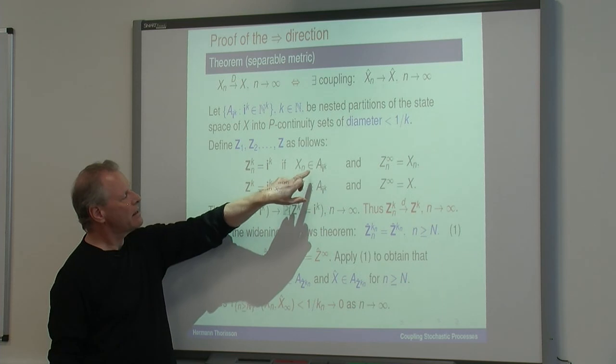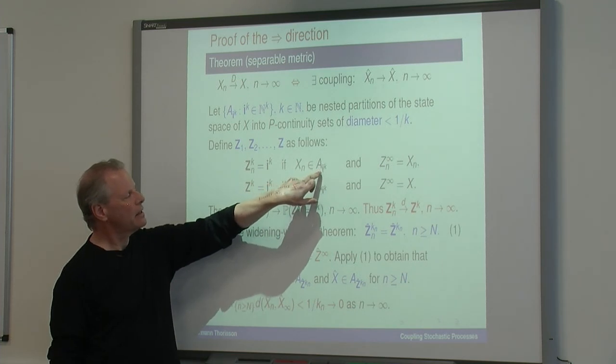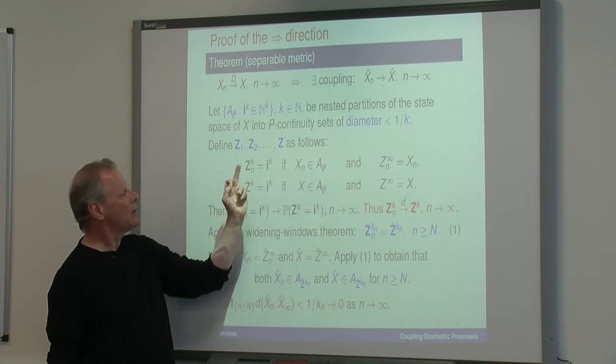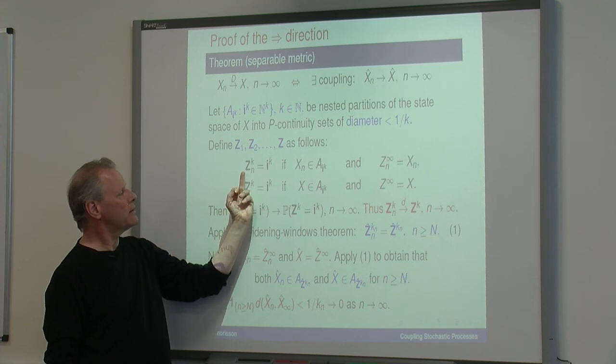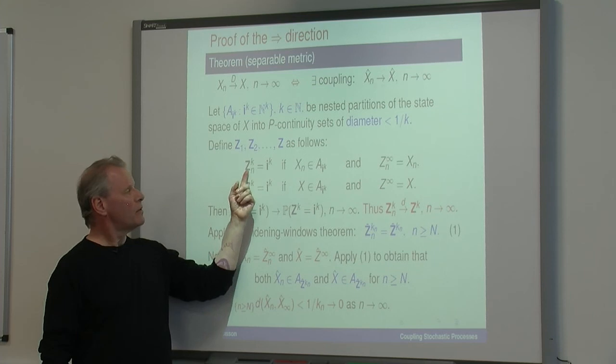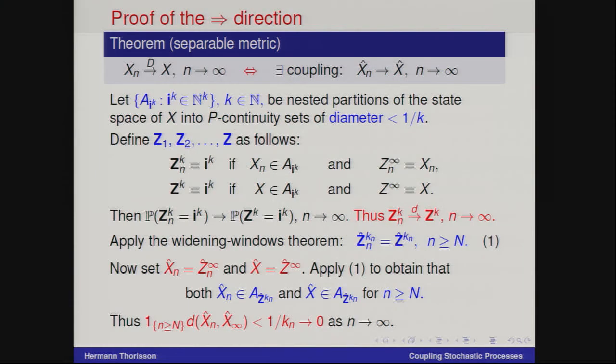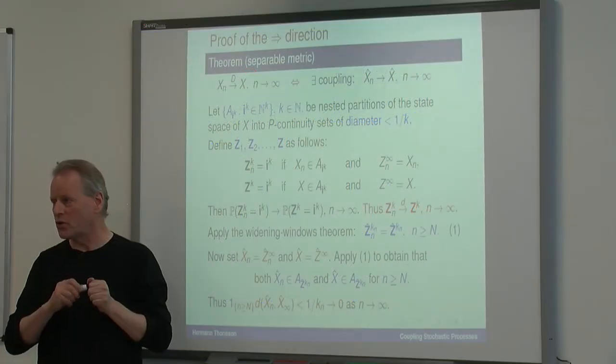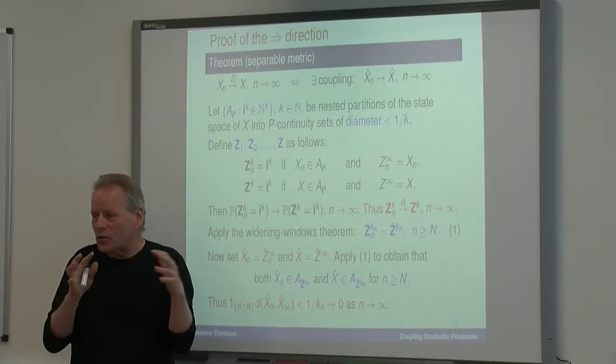So when x_n is in this set here, you let the zeta process indicate that. So the zetas are telling you at level k in what set you are in the k-step partition. So as k increases, you get closer and closer to the limit.